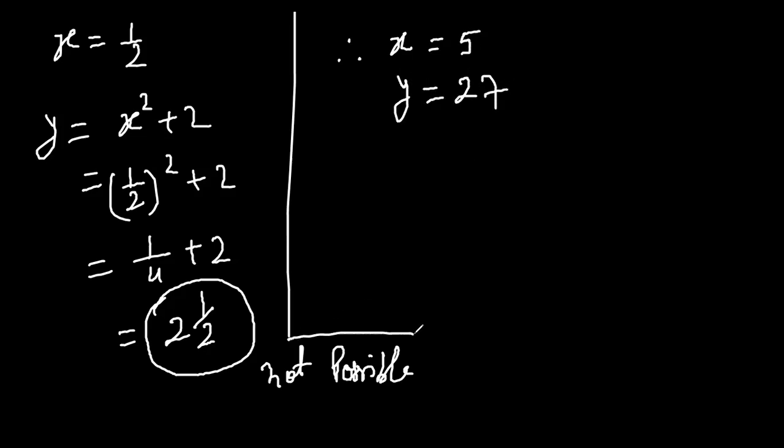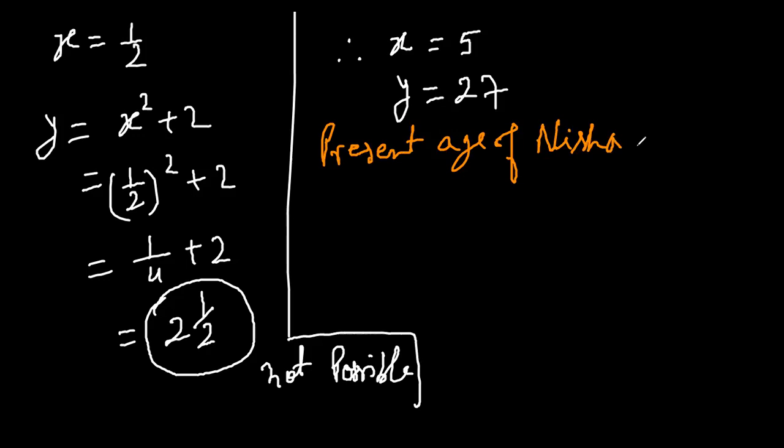In other terms, we can say age of Nisha, or they're asking the present age, no? So let's write present age. Therefore, finally concluding our answer, therefore present age of Nisha. We must conclude our answer.